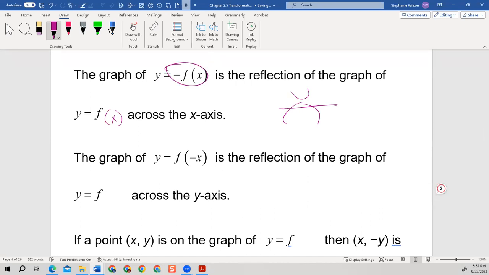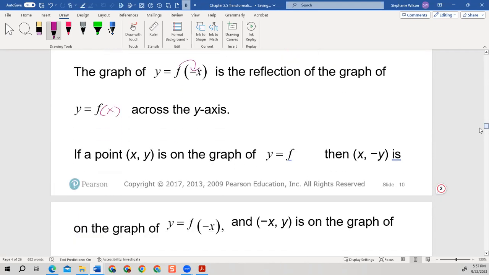Now, if you were to apply it to the inside here, then it would be a reflection about the y-axis, right? And then the last part says, if a point is on the graph of y equals f of x, then x comma, whoops, sorry guys, I put a negative there. Let me erase that.